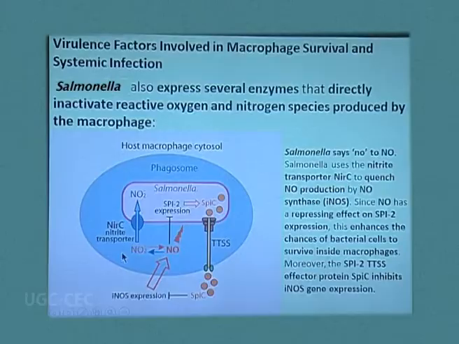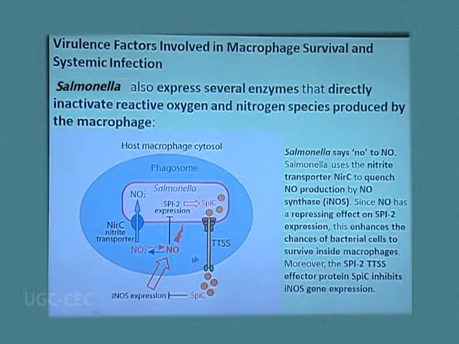Now, Salmonella counteracts this nitric oxide attack in two ways. First of all, it uses this nitrite transporter called NarU to import nitrites within the bacteria, and these nitrites can quench nitric oxide very well.